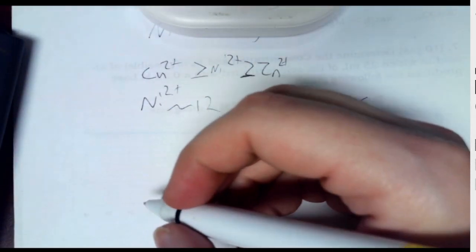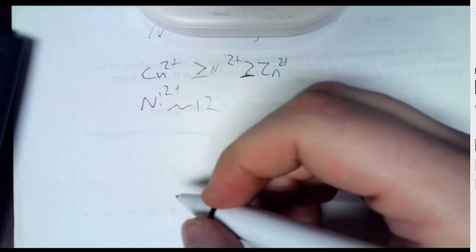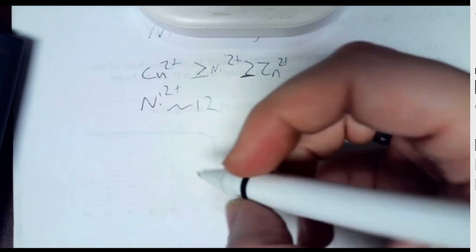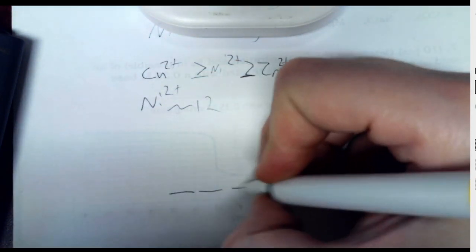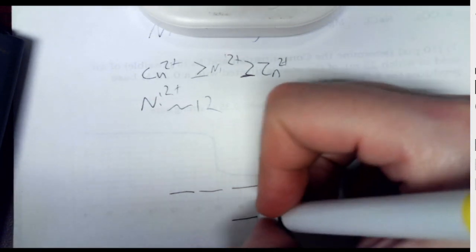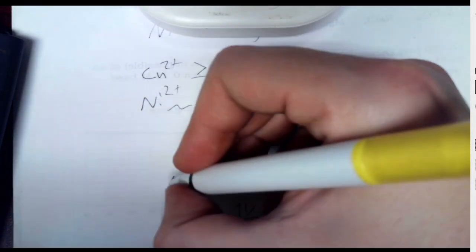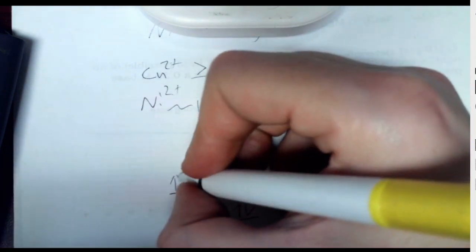So cadmium is right there, just below zinc. Cadmium would normally be something like this.